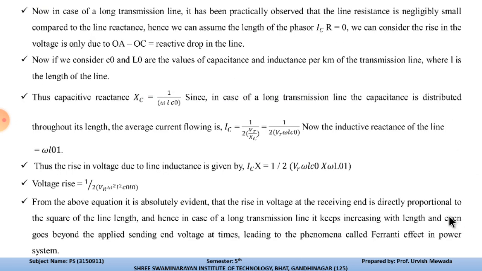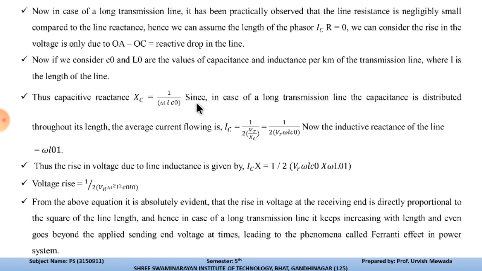Let us discuss. Consider C0 and L0 as the capacitance and inductance per phase per kilometer of the transmission line, where L is the length of the line. Then Xc is 1 upon 2 pi fc, but here the length of the conductor is multiplied, so 1 upon 2 pi fl into C0.